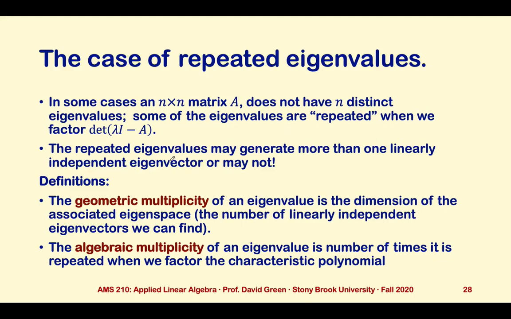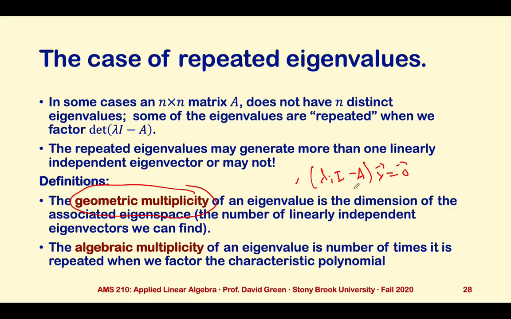These ideas lead to 2 definitions. One, something that we call the geometric multiplicity of an eigenvalue. The geometric multiplicity is simply the dimension of its eigenspace. Remember, for any eigenvalue, we can write down a matrix, lambda I minus A, and this will have a null space, a set of solutions to the homogeneous system.